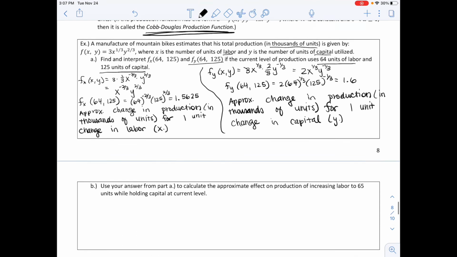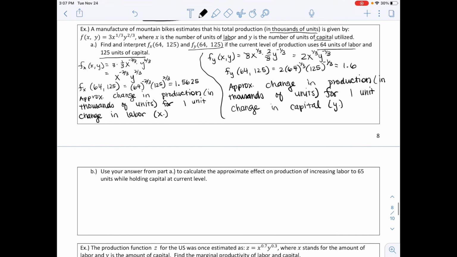The problem continues on to the next page, and part B says, use your answer from part A to calculate the approximate effects on production of increasing labor to 65 units while holding capital at its current level. So we had our partial, if you notice 65 is changing, so increasing labor.